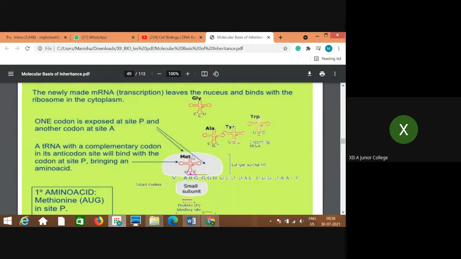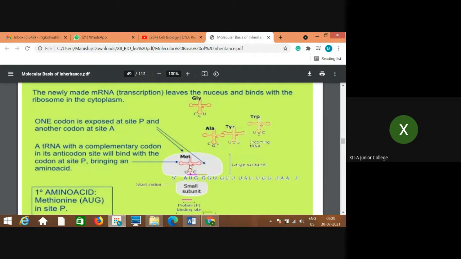Then this side is called the right side. This is considered to be the AA site of the tRNA, because from this site amino acids are added with the help of tRNA. So this is called the A site.